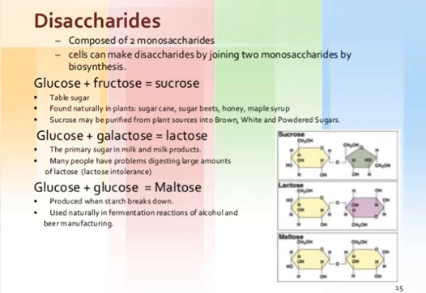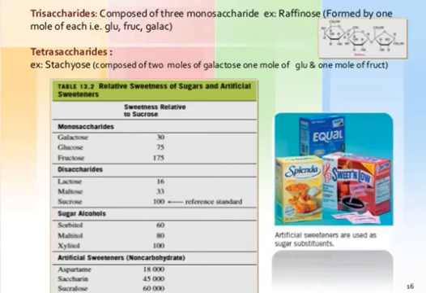Glucose plus glucose is known as maltose. Trisaccharides are composed of 3 monosaccharides. Example, raffinose. Tetrasaccharides. Example, stachyose, composed of 4 molecules of monosaccharide: 2 molecules of galactose, 1 molecule of glucose and 1 molecule of fructose.